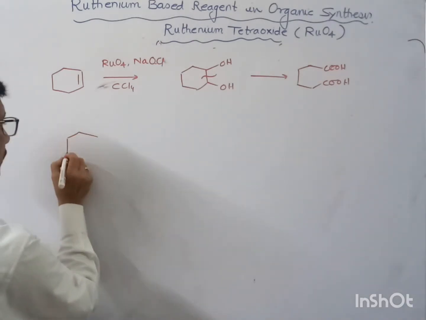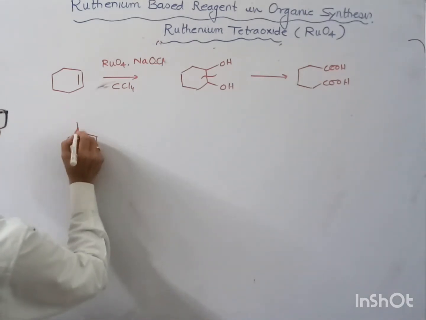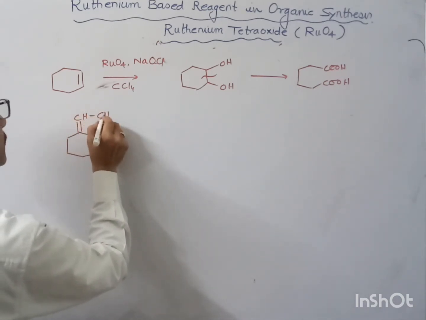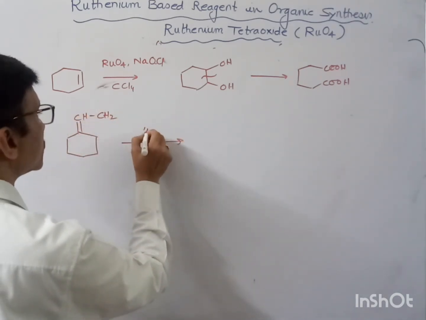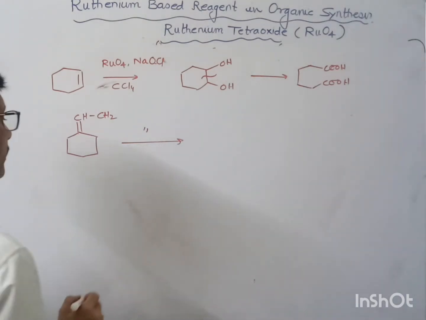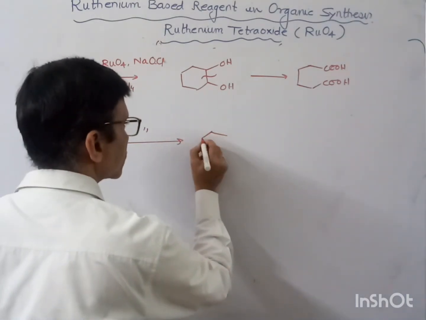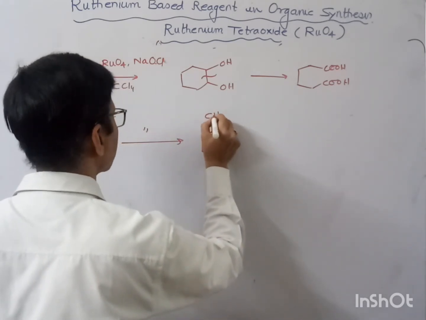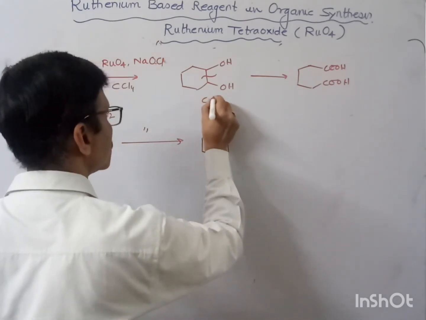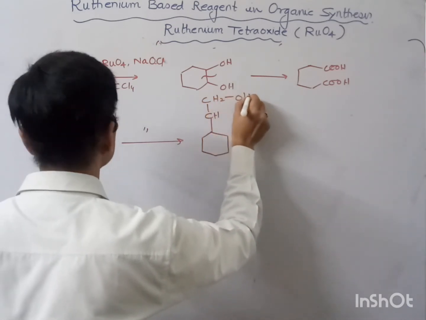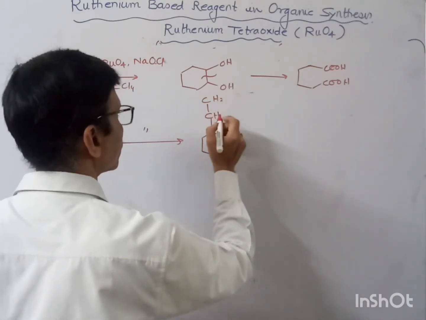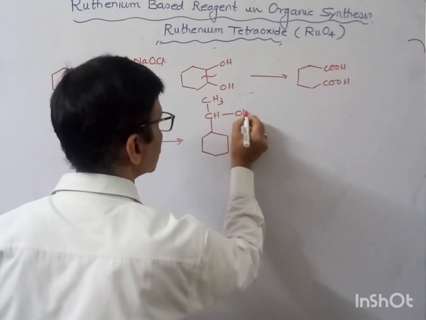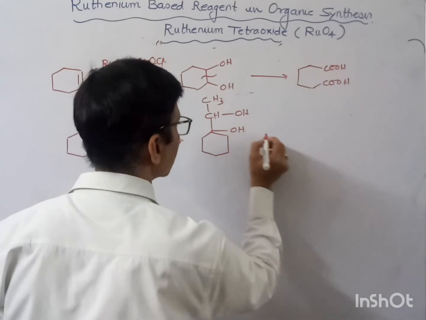Or suppose we have this one. What should be the product here? In the same way we can write the product. CH2, this is OH, sorry, this is OH over here, and we can write OH over here.